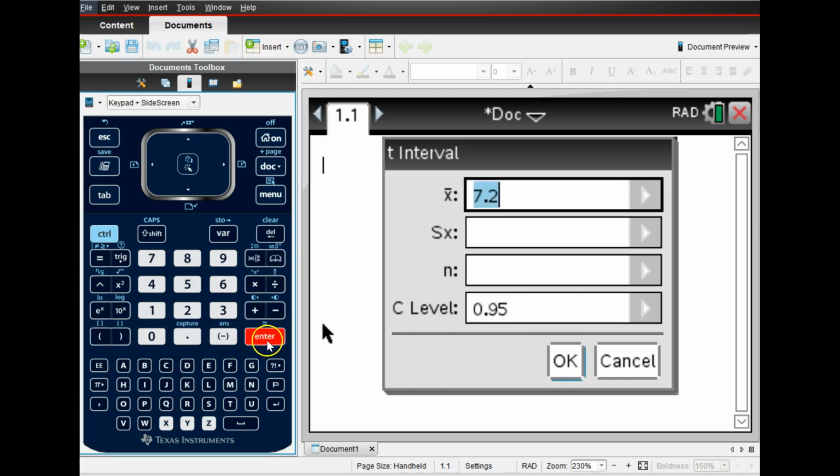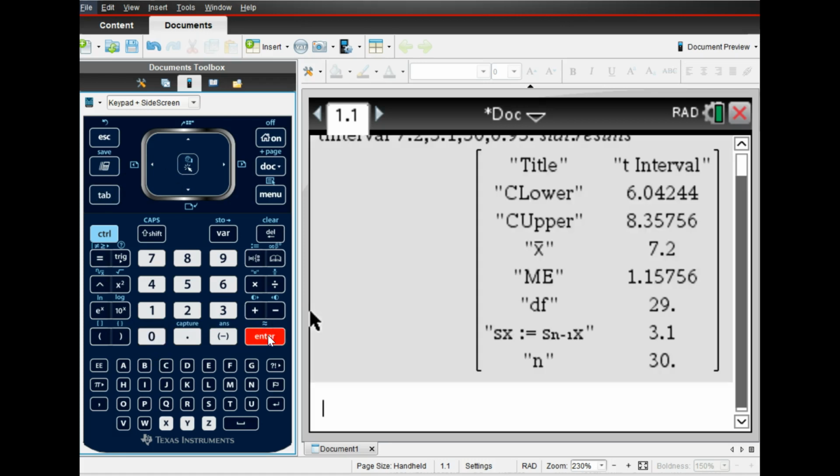And then, if I push tab, there we go. The next one is 3.1, our standard error. Notice it's a capital letter. Tab to get to the next one. Our sample size was 30. And our confidence level, once again, was 95%. So push enter a couple times, and there we go.